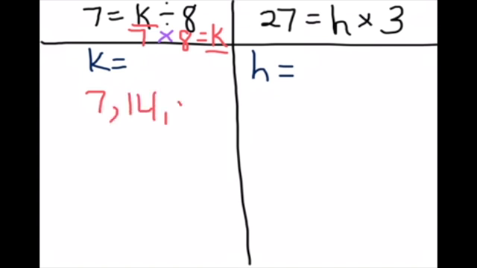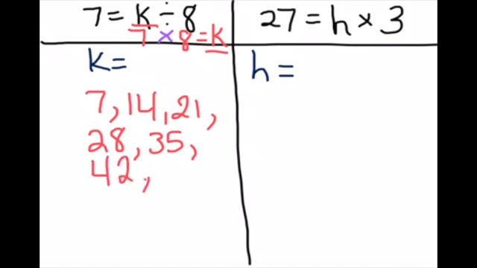7, 14, 21, 28. What would come next? 28 plus 7 would be 35. Thank you. And then we have 35 plus 7. Or I know that that's the same as saying 7 times 6, which is 42. And then I have 42 plus 7. And that is 49.